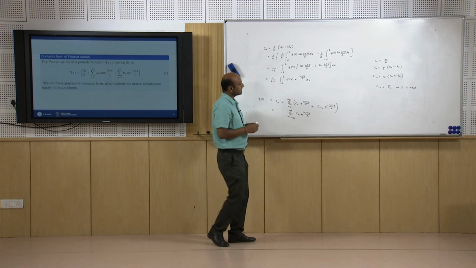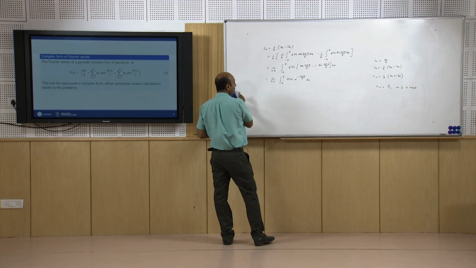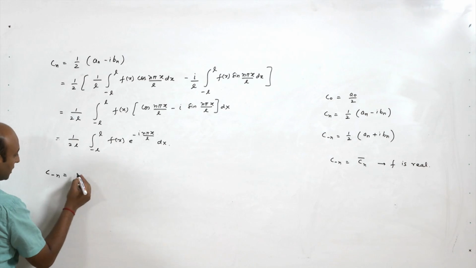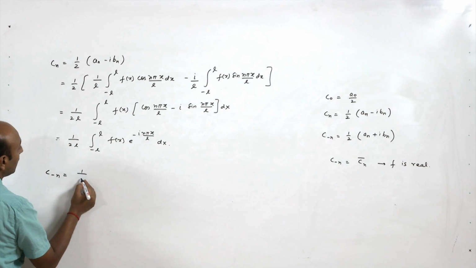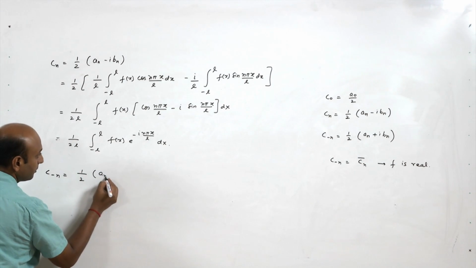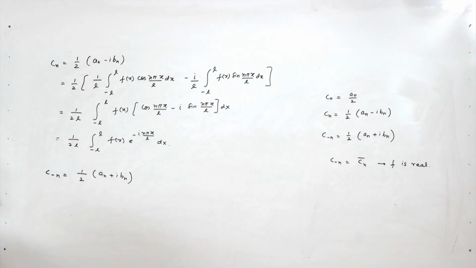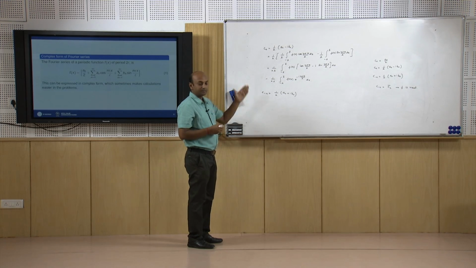And what is C_{-n}? If you evaluate, C_{-n} will be nothing but 1/2 (a_n plus i b_n), following the same steps.